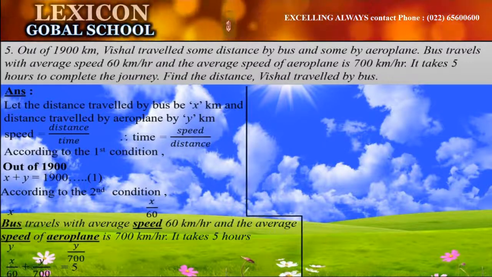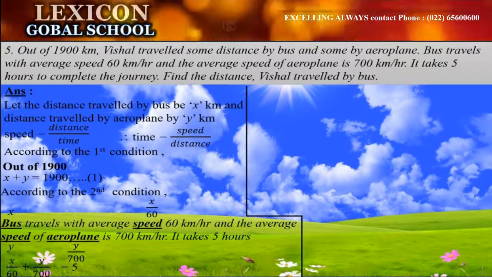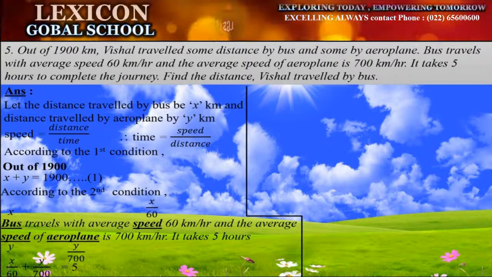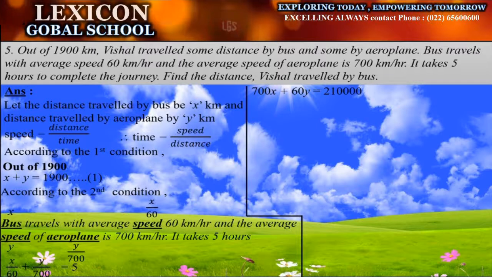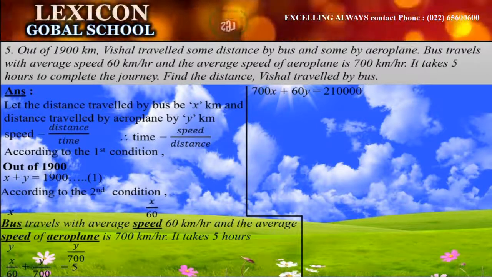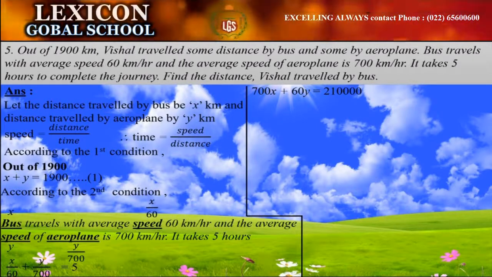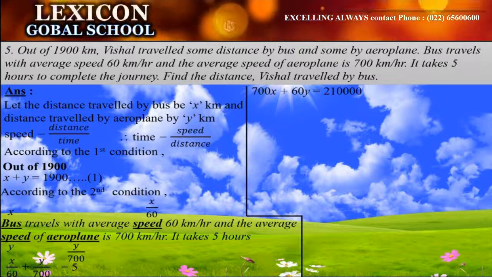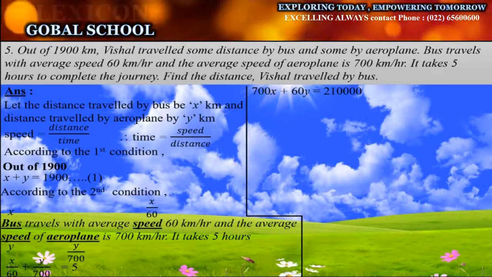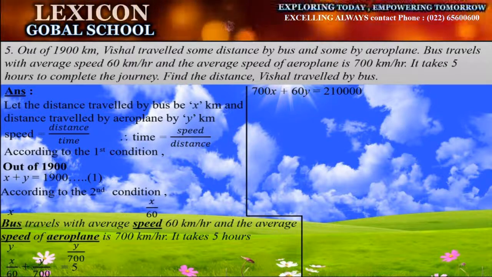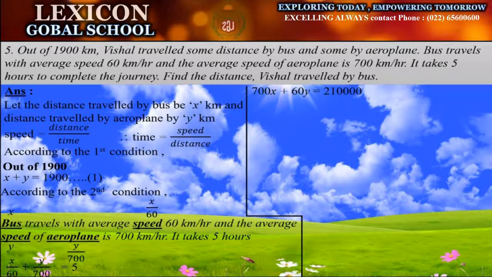Let us take out the LCM of the denominators since the denominators are different. 700x plus 60y is equal to 42,000 into 5, which gives 2,10,000. Since we are taking out the LCM, 6 into 7 is 42 and 3 zeros, 42,000.